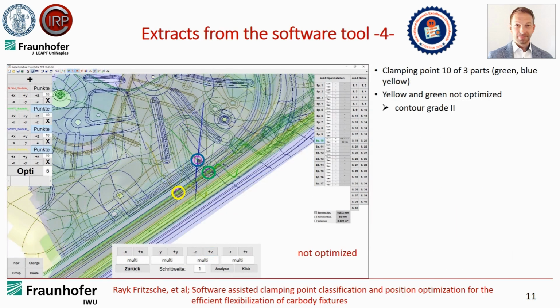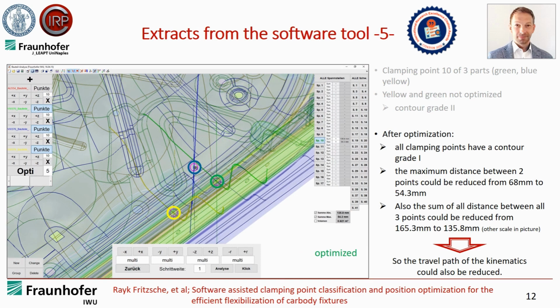Now we enclose the green and the yellow part, and we see clamping point group 10 of the 3 parts. The yellow and the green clamping points are not optimized and have a contour grade 2. After the optimization, all clamping points have a contour grade 1, and in the right lower corner of the picture we can also see the maximum distance between the points, which after the optimization is 54.3 millimeters.